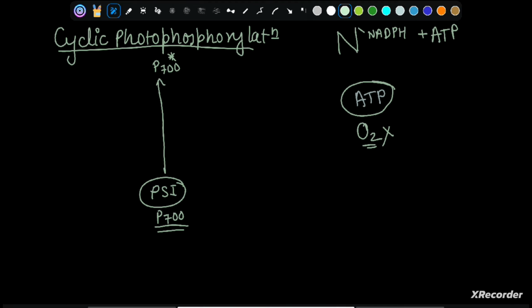So as I said, once this particular P700 absorbs the light of wavelength 700 nanometer, around that it gets excited and it passes those electrons to AO.